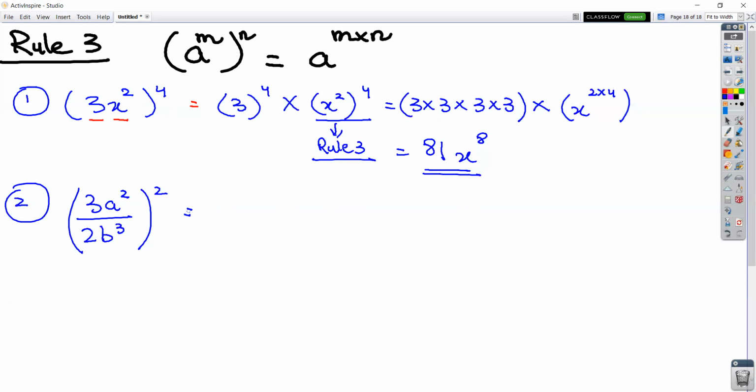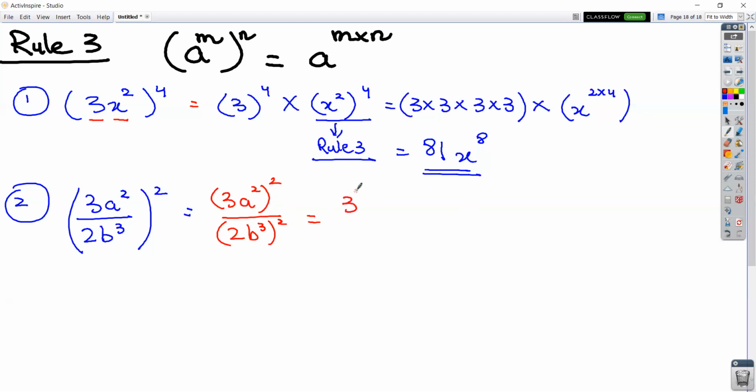How we do these sorts of questions is this power 2 will go with the numerator as well as the denominator. I'm going to split them. So I write down separately the numerator, which is 3a squared with the whole power 2, and the denominator, which is 2b cubed with power 2. We're going to do the step of simplification. We know this power 2 will go with both the terms inside the bracket.